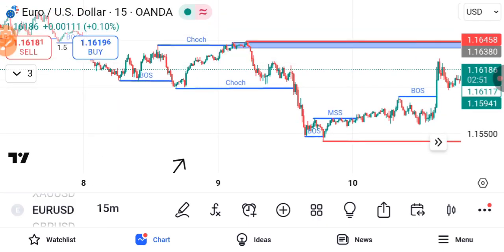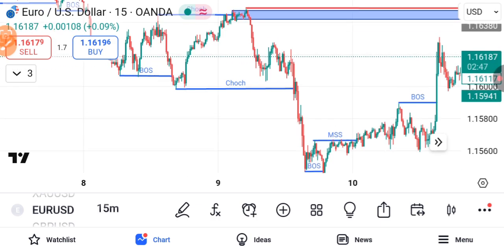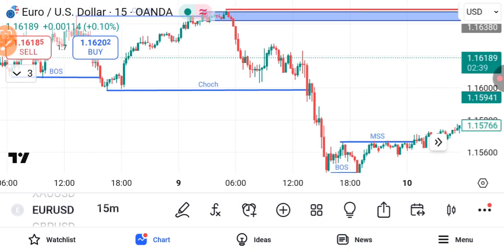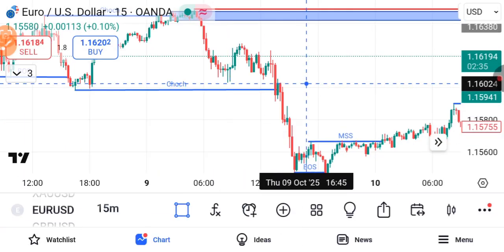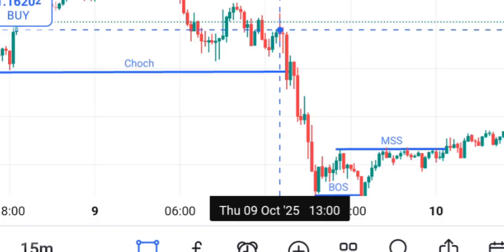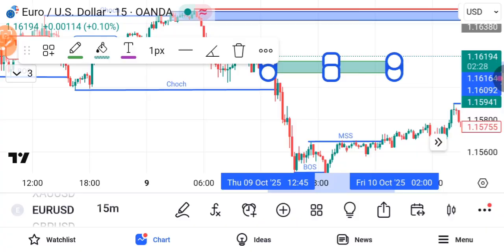Whatever time frame you are using, an order block is an order block, and we expect price to respect the order block before moving in the direction. Let's say for example, right at this place, here is the last green candle before the bearish movement.